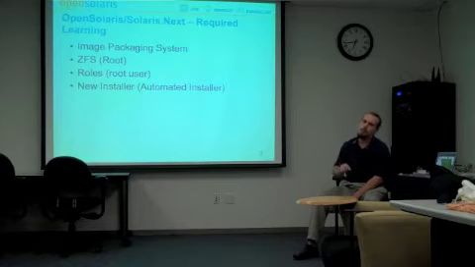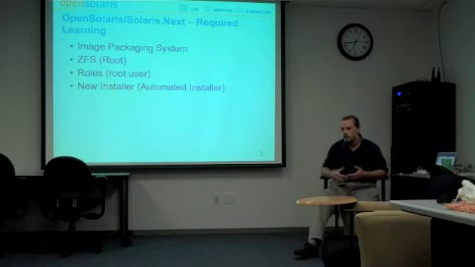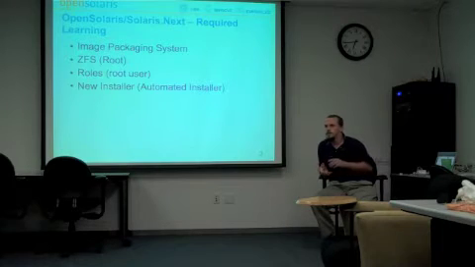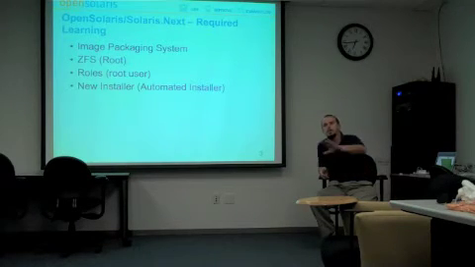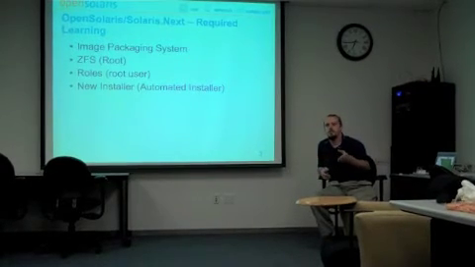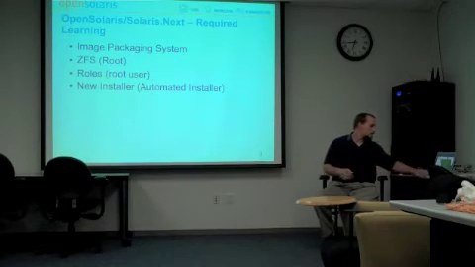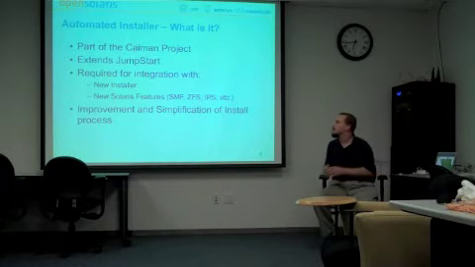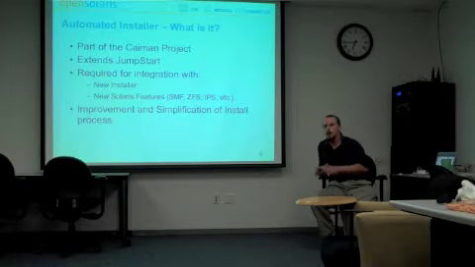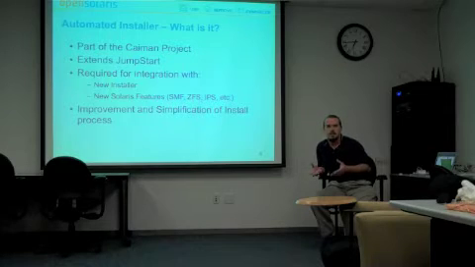Those are the three that most people are talking about. The one that most people don't normally talk about is the automated installer. Any of us who have worked with a number of Solaris systems have done some sort of JumpStart in the past. Well, JumpStart is going to start going away. Automated installer will replace JumpStart. It's also going to replace how you do a local install. So let's get into what exactly the automated installer is. It is part of a broader project called Caiman, Solaris Installation Revisited.